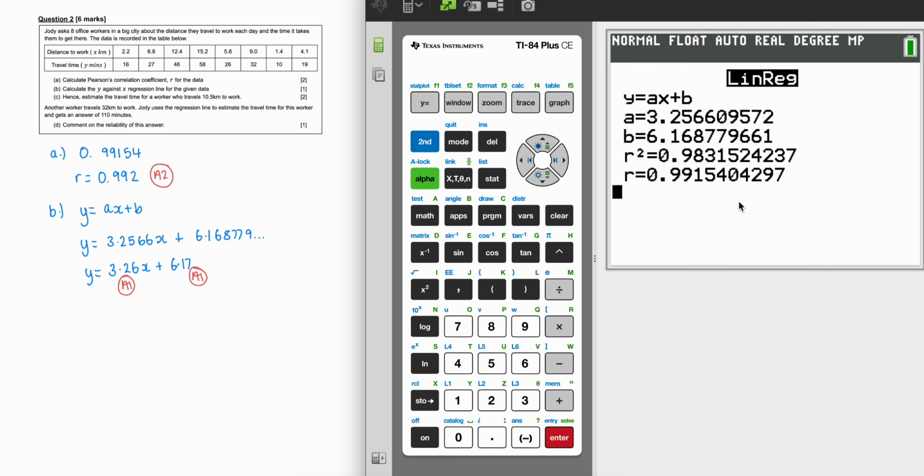And then for question C, it says estimate how long it takes them to travel if they work 10.5 kilometers away. So for C, we're saying that x is equal to 10.5, and we're trying to find what is y.